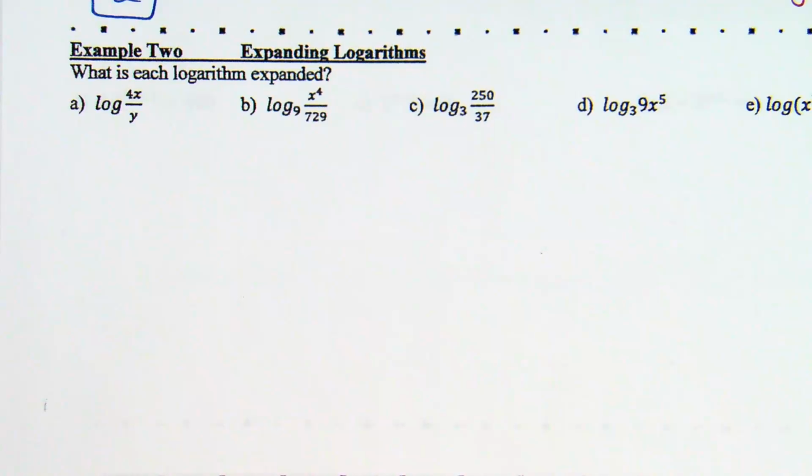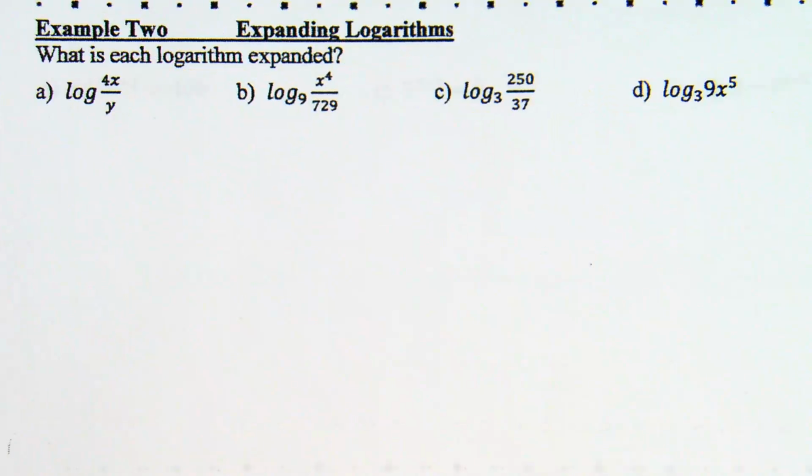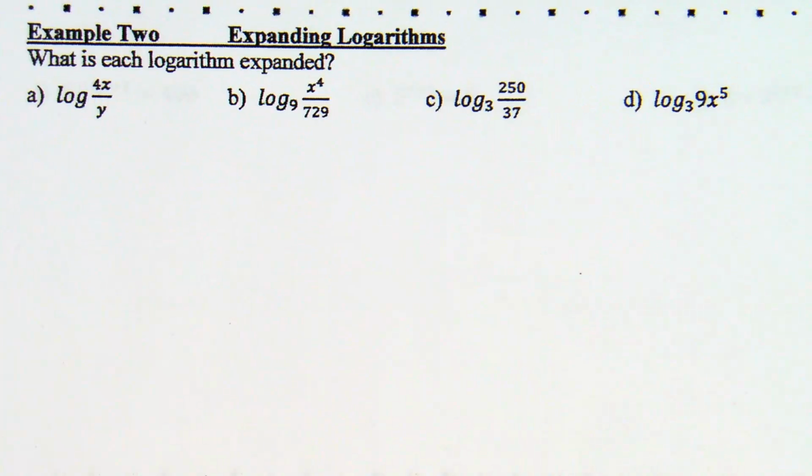So our first example, log of 4x over y. We're going to expand this as much as we can. What do you see to start with? What I would like to think is fairly obvious to everybody is a fraction bar.